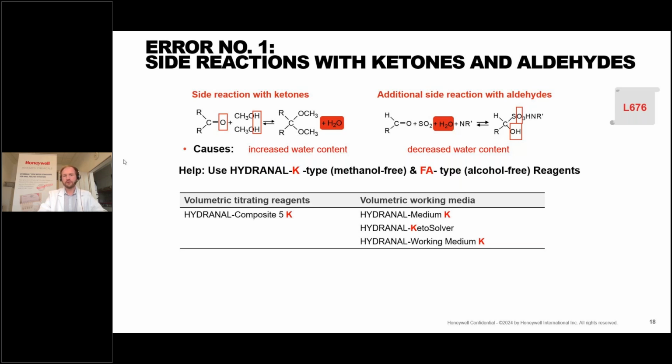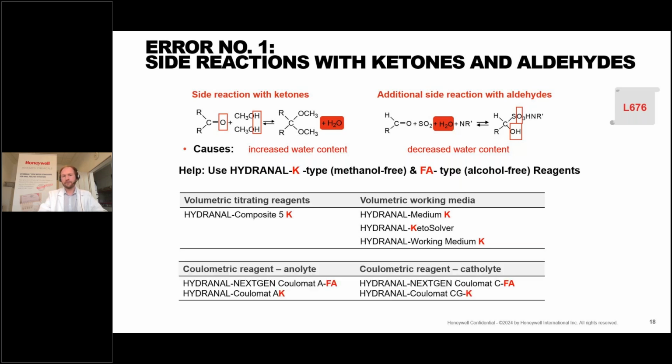And for the coulometric titrations, you can use either Coulomat AK with CGK or our newly developed alcohol-free reagents like Hydranal Coulomat AFA and CFA, whereby the new reagents have a higher capacity and provide even more accurate results for the titration of ketones. I would highly recommend that.